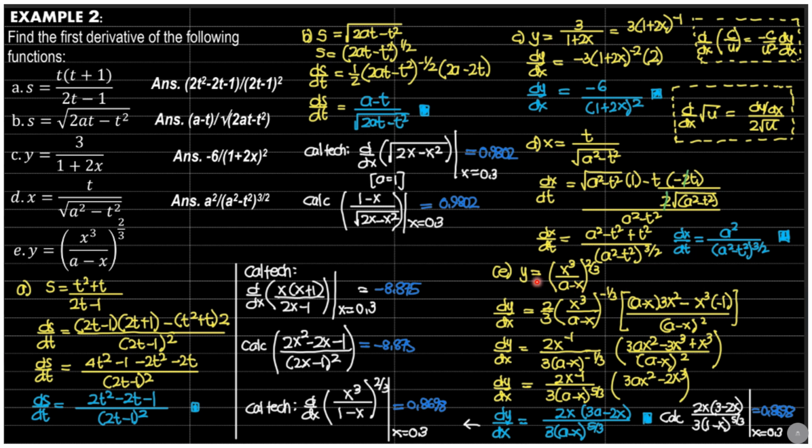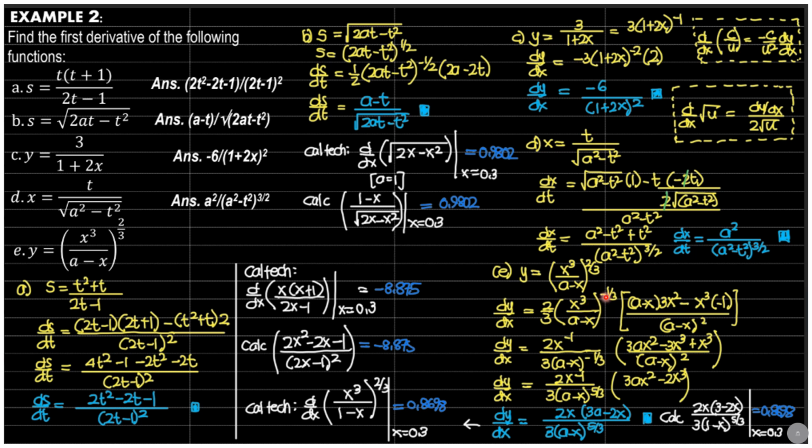Then letter E, y equals quantity x cubed over a minus x to the 2/3. So dy dx, power formula, 2/3 of u. Imagine this is variable u, auxiliary variable u. So 2/3 of u to the 2/3 minus 1, negative 1/3, times derivative of u. Then u is a fraction, so denominator, derivative of numerator, 3x squared minus numerator, derivative of denominator, negative 1, all over denominator square.